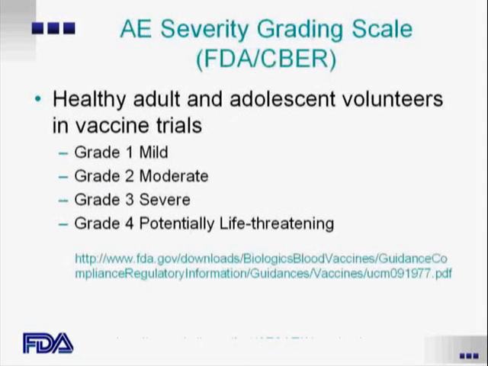Here you can find the adverse event severity grading scale that is used in healthy human volunteers in vaccine trials. And although the grading of mild, moderate, severe, potentially life-threatening is similar between the two, the threshold of what we will be able to tolerate in healthy human volunteers versus what is going to be appropriate for oncology patients would be very much different.